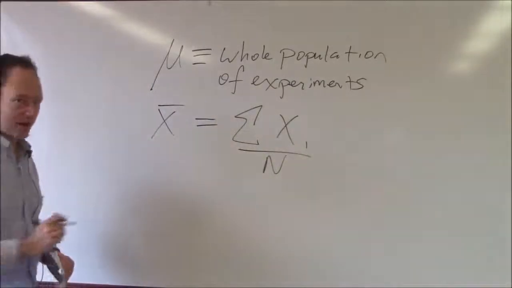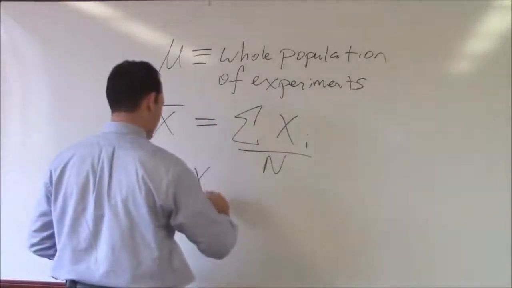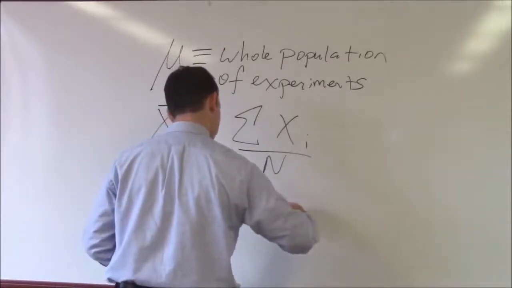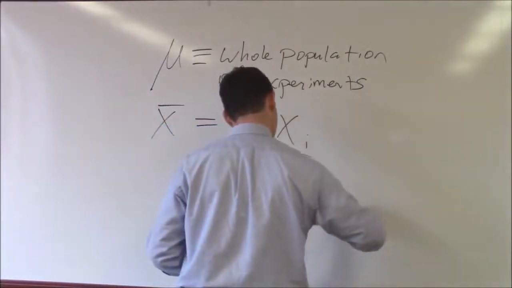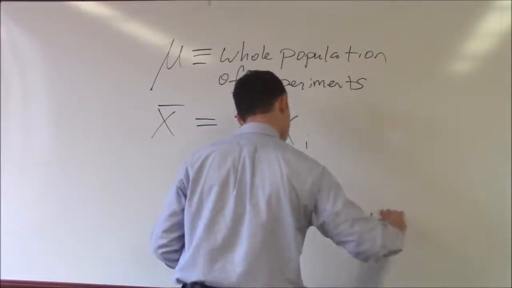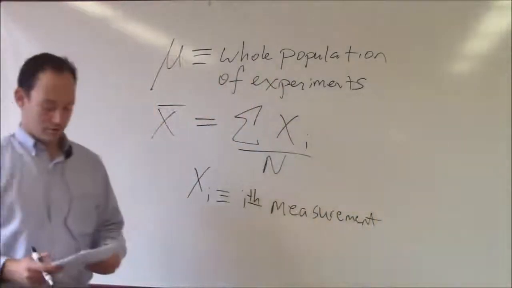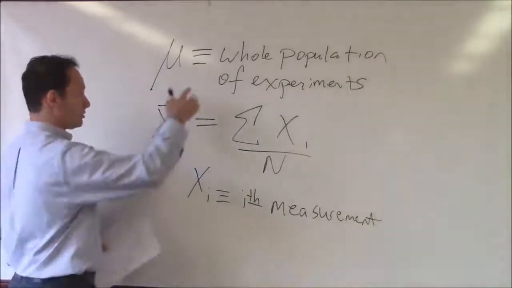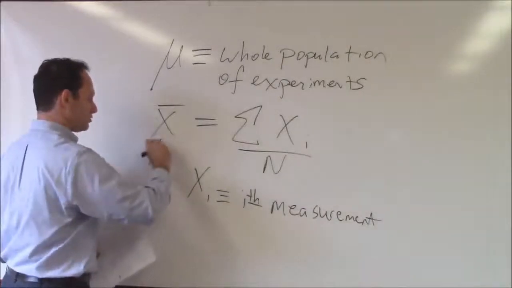That's how we calculate the average. So xi is just the ith measurement. So this is the population mean, and this is your sample mean.